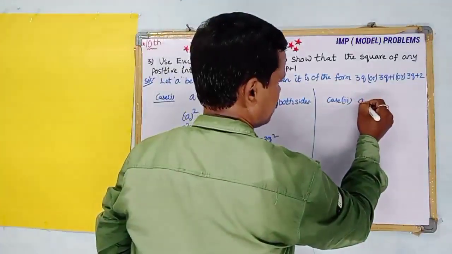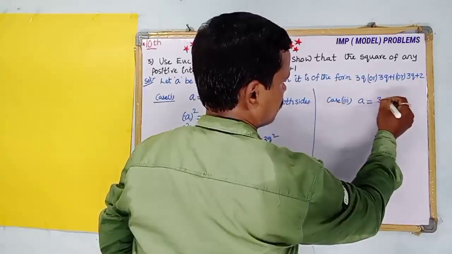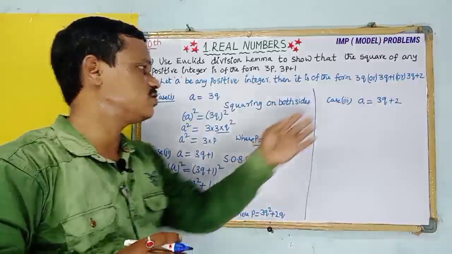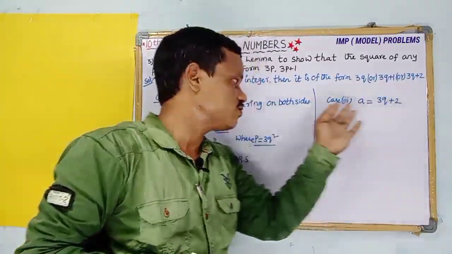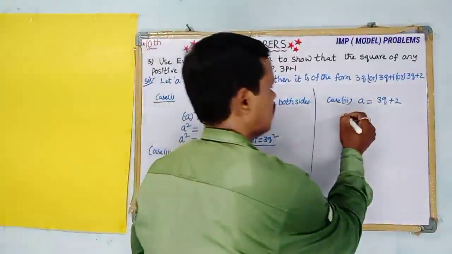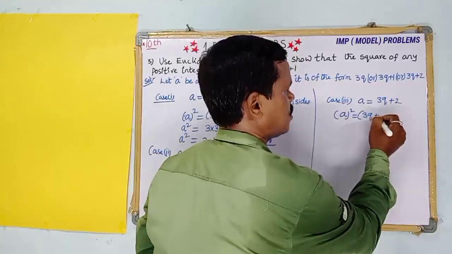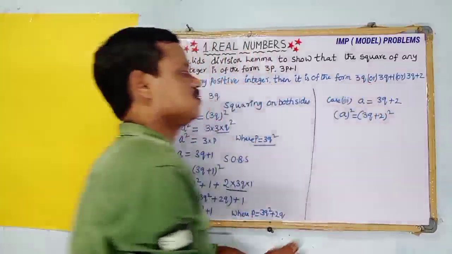Any positive integer is a, 3q plus 2. a is equal to 3q plus 2. Now squaring on both sides. a square is equal to 3q plus 2 whole square.